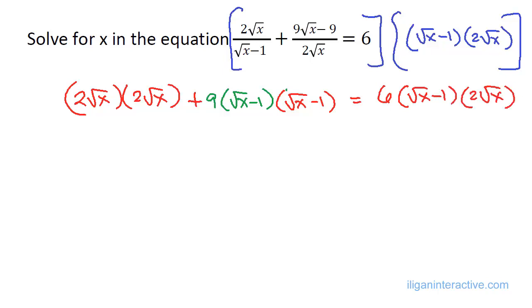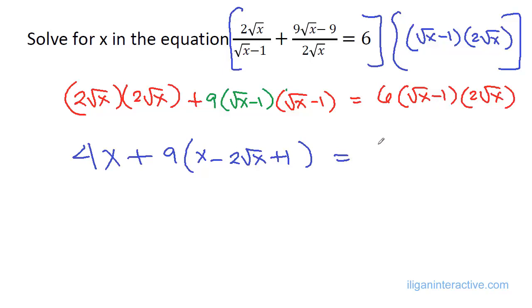Let us see what will happen. Now this will become 4x. And how about this? Well, this will become 9 times, the product of a square root of a binomial, the square root of x squared will just be x, minus 2 square root of x plus 1. And the right side will just be distributed.